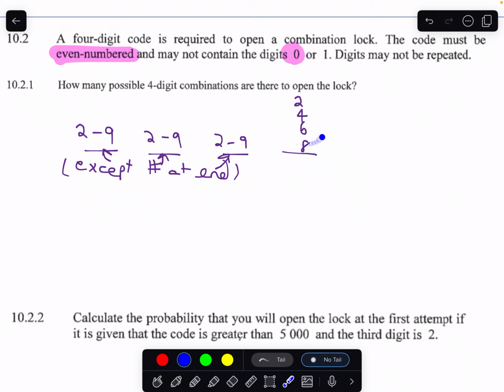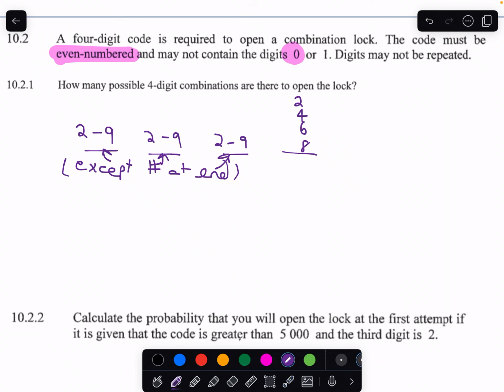Okay, there are 8 numbers from 2 to 9: 2, 3, 4, 5, 6, 7, 8, 9. Yes, there are 8 numbers, but there are only 7 available here, because the last digit will steal one of the numbers that's available. So if this ends with a 2, then I can only use the numbers from 3 to 9 here. Or if it ends with an 8, then I can only use the numbers from 2 to 7 and 9.